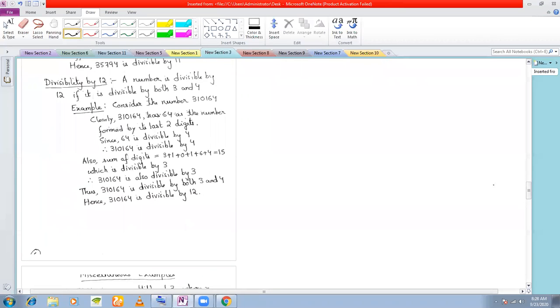Divisibility by 12. The last one. Now, just as in case of 6, I told you if a number is divisible by 2 and 3, it is divisible by 6. Similarly here, if a number is divisible by 12, if it is divisible by both 3 and 4.